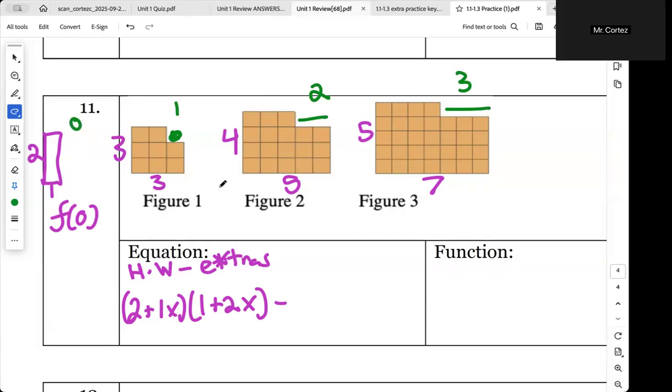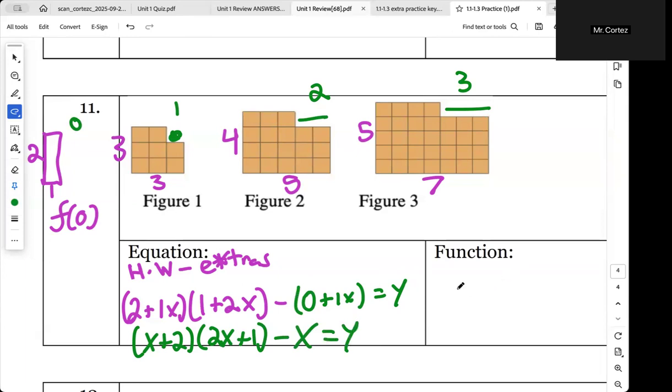In theory, lose 0, which is, I guess, a linear progression of starting at 0, I add 1 x times. But yeah, you can clean this up and say that this is x plus 2 times 2x plus 1 minus x equals y. Variety of ways to do all of these problems.